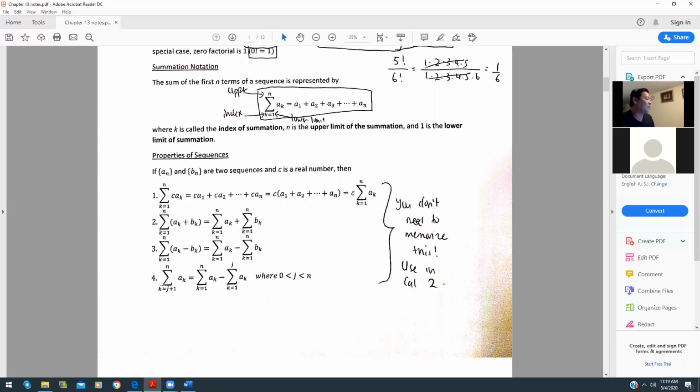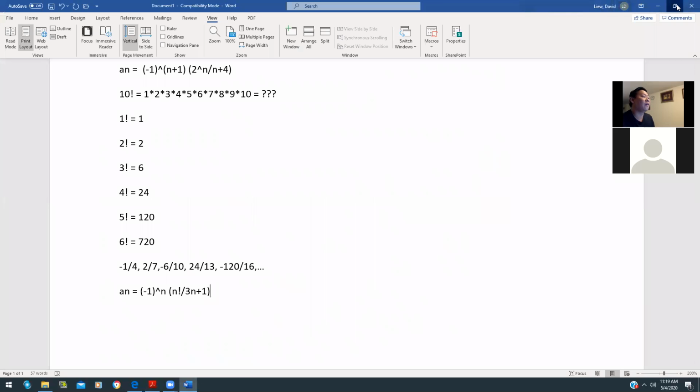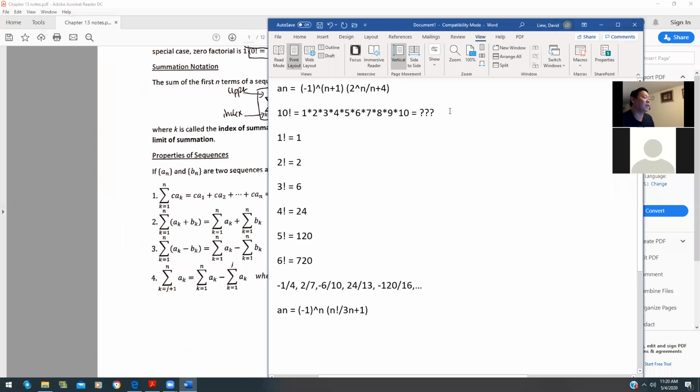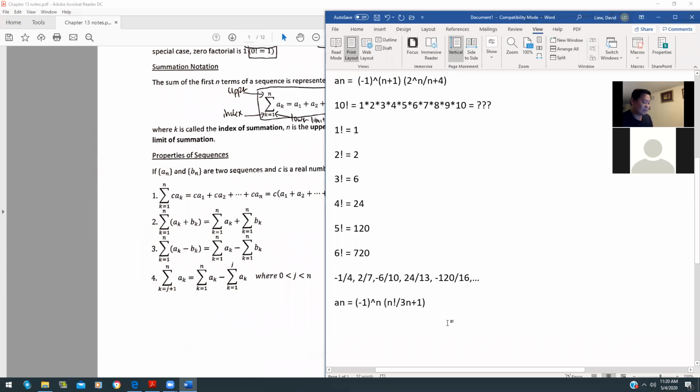So when you add from 5 to 9, what happens with this last, the fourth property that we have here is that if you want to add the sum from 4 to 9, what you need to do first is sum it from 1 to 9. And then after that, you subtract the sum from 1 till 3.